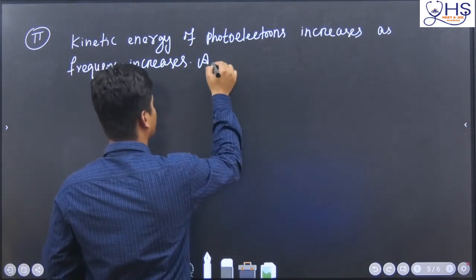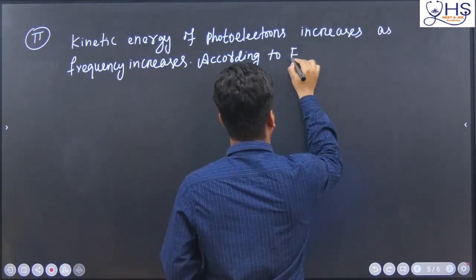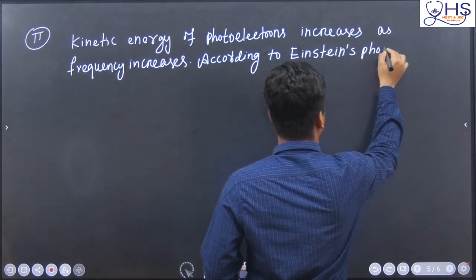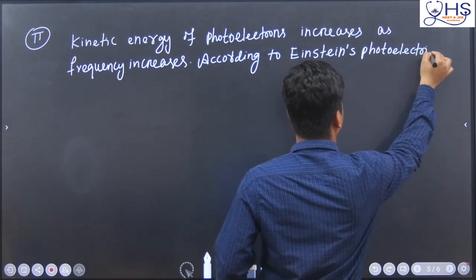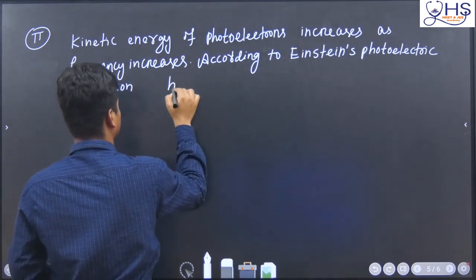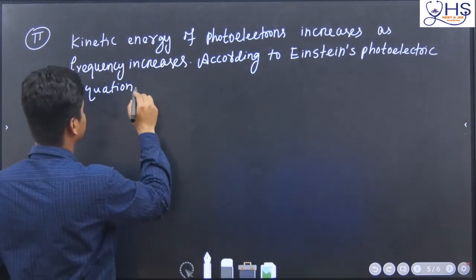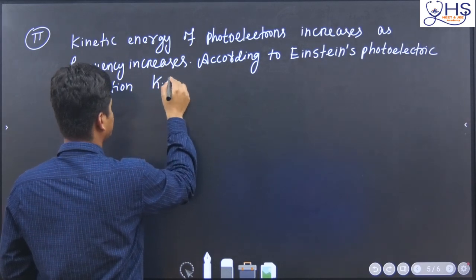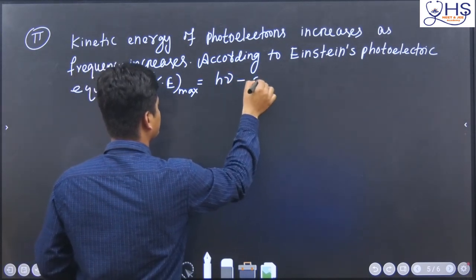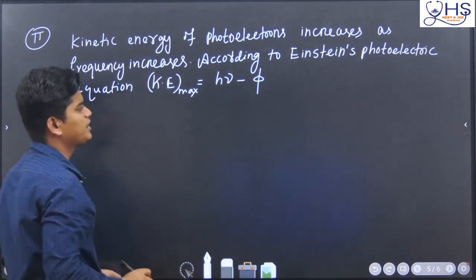So, you can take the help of Einstein's photoelectric equation. According to Einstein's photoelectric equation, the maximum kinetic energy of an electron is h nu minus phi, where phi is the work function of the metal, h nu is the energy, and nu is the frequency.